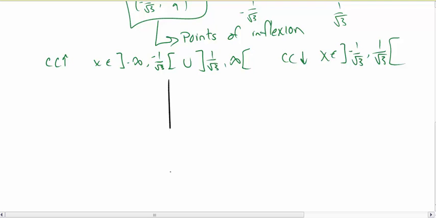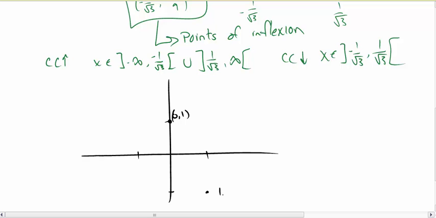So we're going to lay down a coordinate plane, 0, 1, negative 1, negative 1.